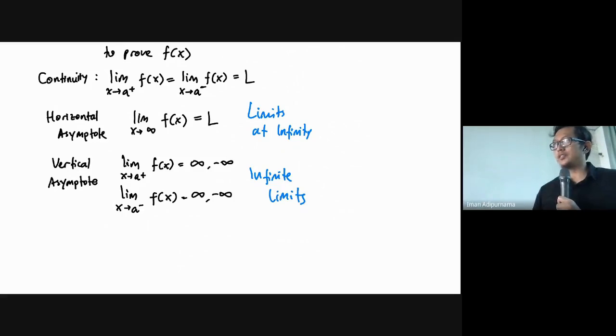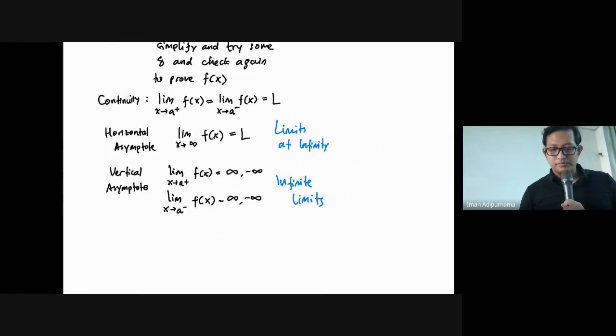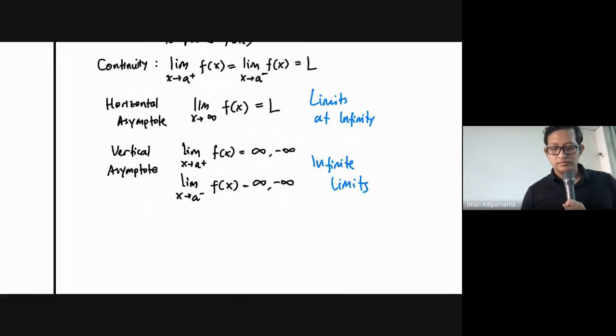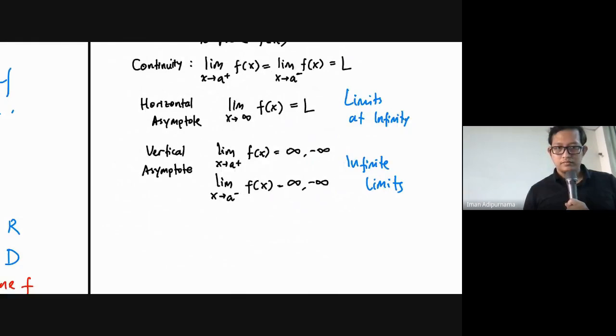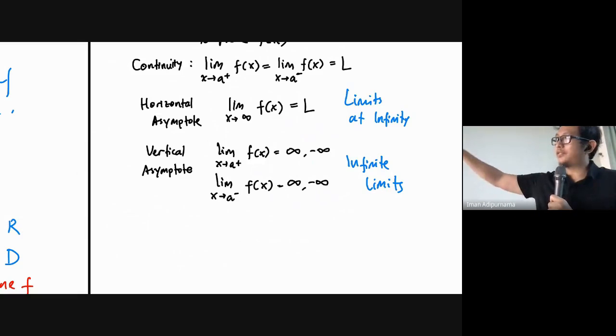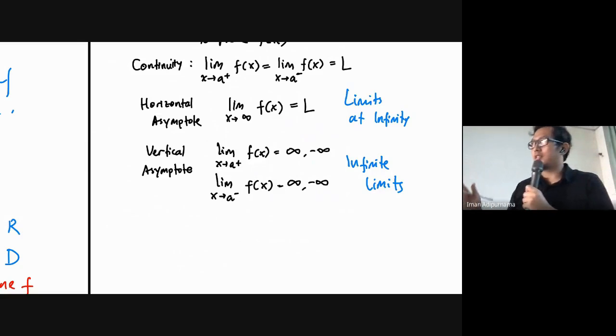Infinite limit is when the result is infinite or negative infinite. I modified a little bit for the summary, and if you want to check the textbook, you can. But I want to modify some sections so you get the idea how to start the study.